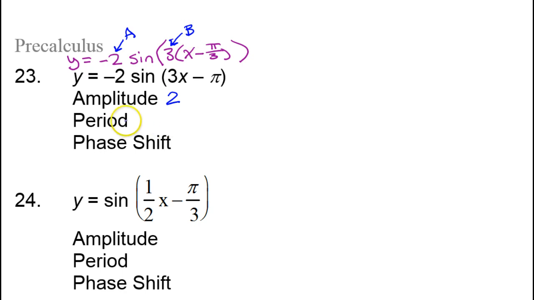That b value leads to the period indirectly. The period is always 2 pi divided by the b value. So in this case, the period is 2 pi divided by 3. So that's it. The 2 pi over 3 is the period.